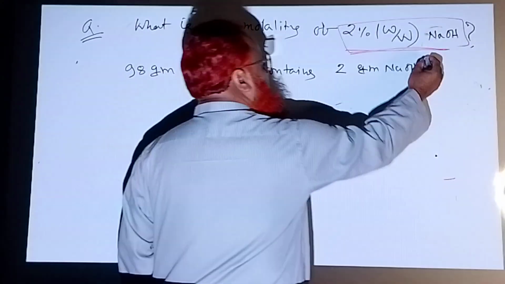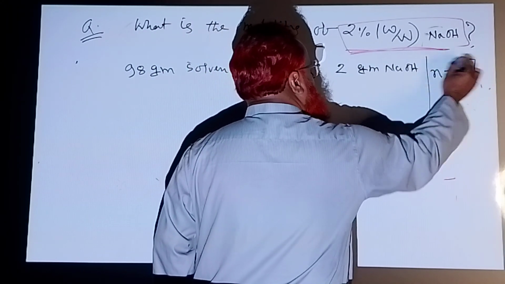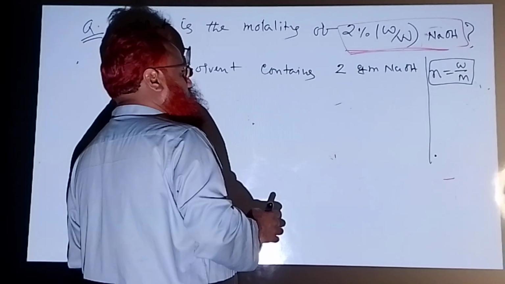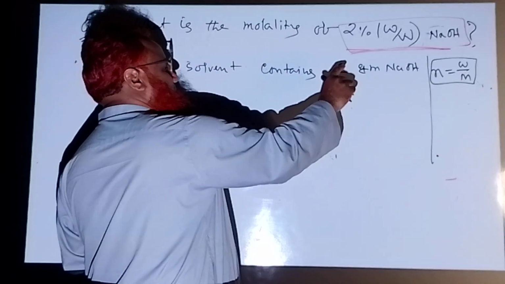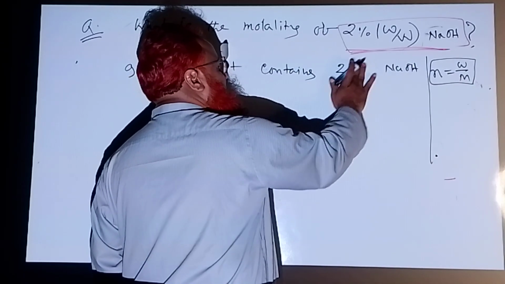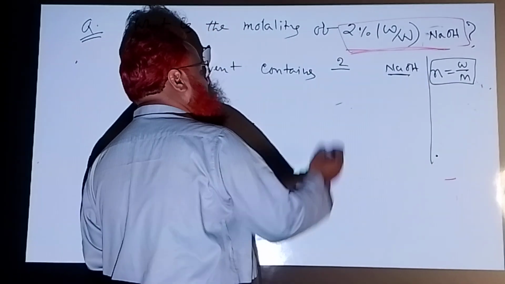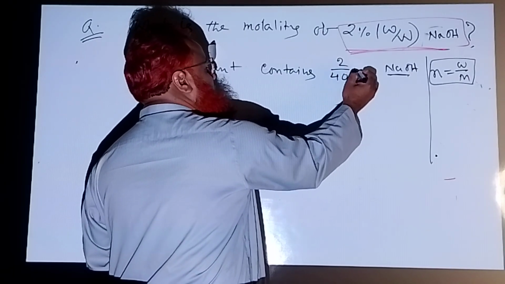We know that mole number can be easily found by dividing the given mass by the molecular mass. In mass this is 2 gram, but in mole number, if divided by the molecular mass of sodium hydroxide, that is 40, then it will be mole.